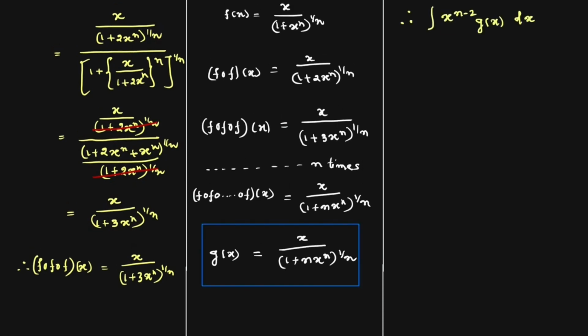Now we are going to find the integration of x to power n minus 2 times g of x. Now we take the value of g of x from here.